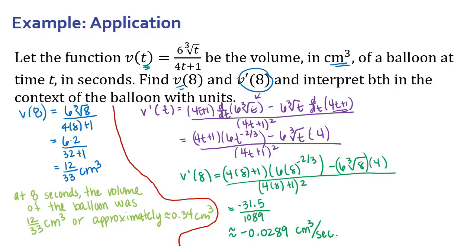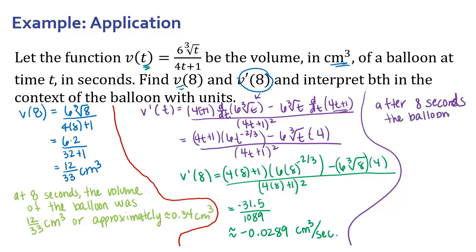So what this means, if I was interpreting this, is I would say that after 8 seconds, or at 8 seconds, the balloon, so this negative means we're decreasing, so it's a decreasing rate, so it is decreasing or deflating, since we're talking about a balloon, at a rate of 0.0289 centimeters cubed per second.